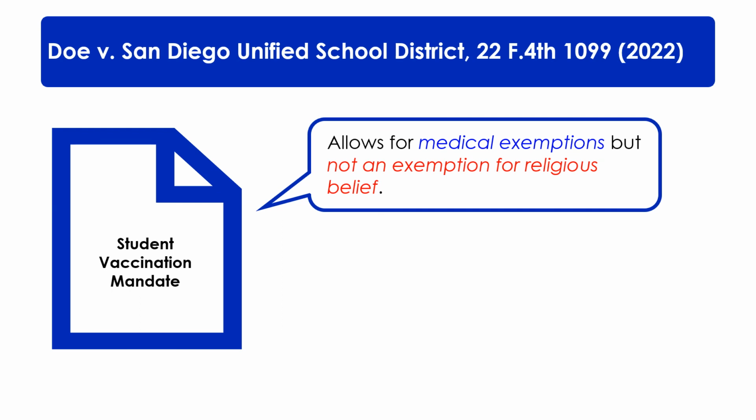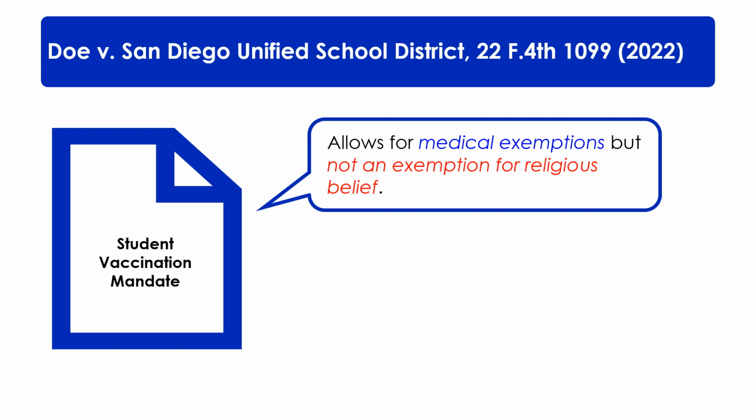The vaccine mandate provided that students who were 16 years or older and who were not fully vaccinated against COVID-19 would not be permitted to participate in on-site education or extracurricular activities without a qualified exemption or conditional enrollment. The legal dispute was that the district's vaccine mandate allowed for medical exemptions, but not an exemption for religious belief.